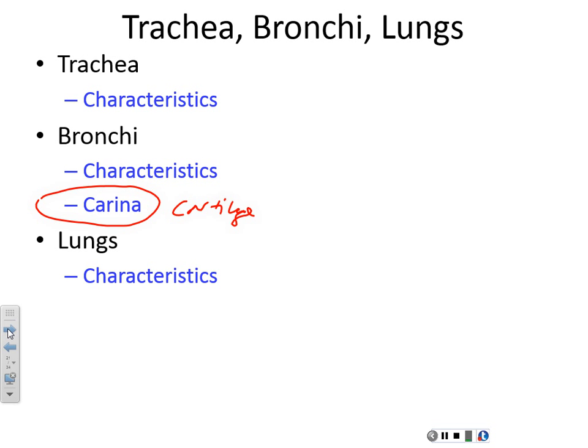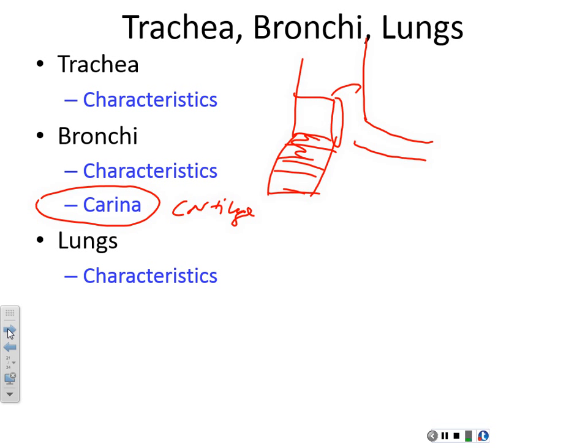Okay, and then the right bronchus is fatter and more vertical, and the left is more horizontal and thinner, and then the carina will be here, and then there is the trachea right there.